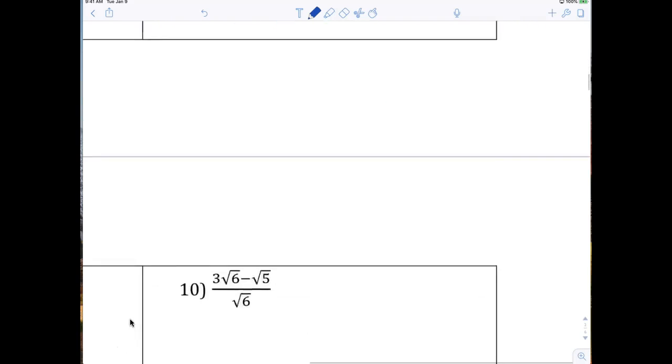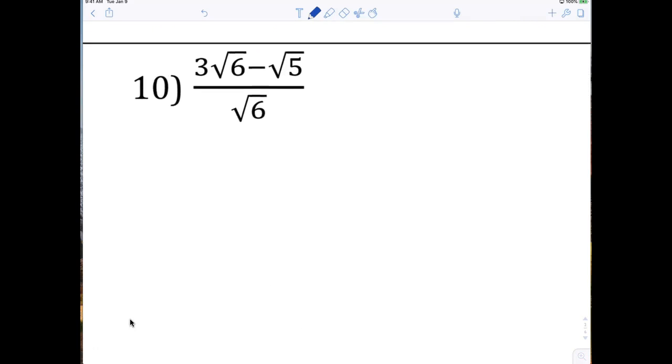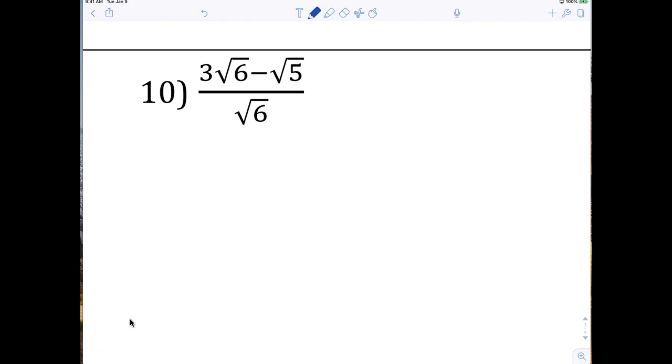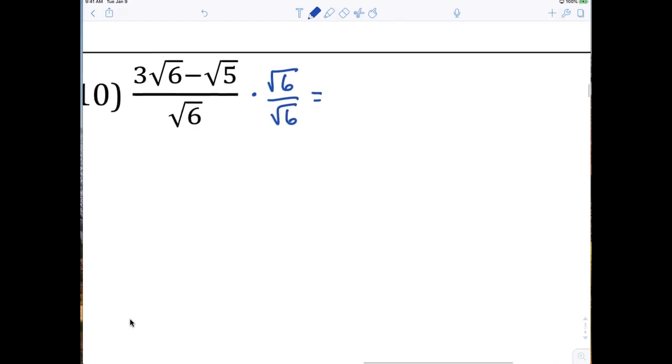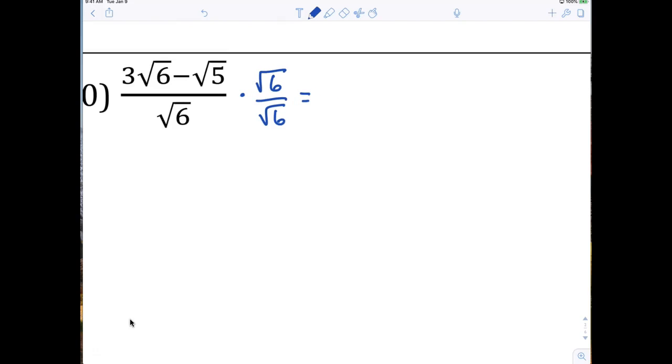All right, here we go. Number 10. Multiplying the top and bottom by what? Radical 6 equals, come on now. What does that equal? 18. Then what?